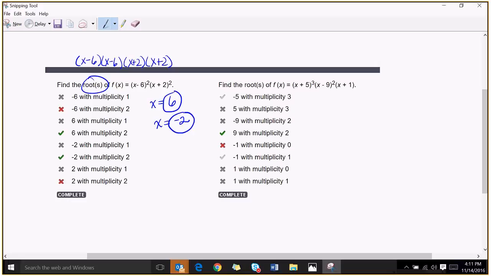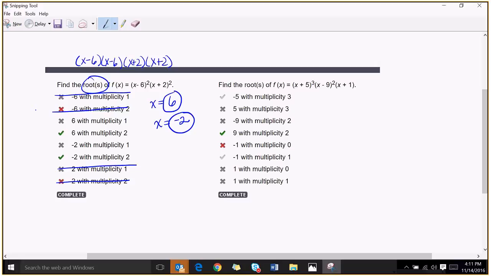Yes. All right, so the first choice and the second choice don't make any sense, so we're going to cross them out because they say negative 6. The same thing with the last two choices. Those don't make any sense either because they say positive 2, and we know that our zero is negative 2. Does that make sense? Yes.